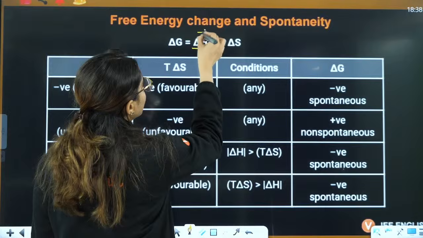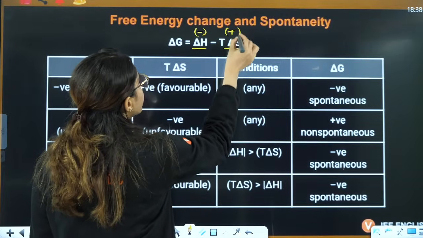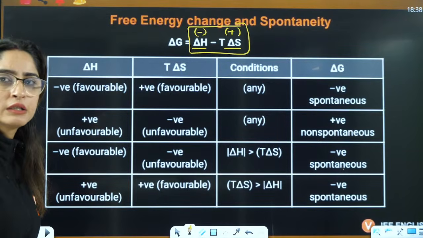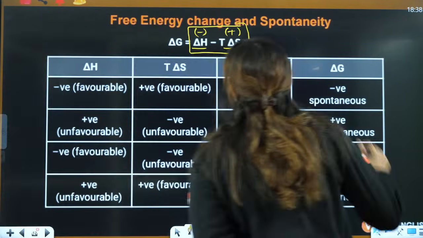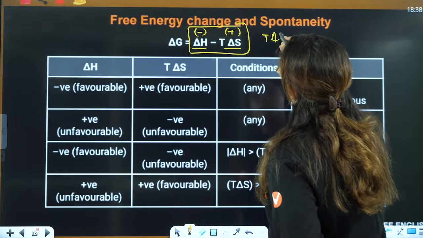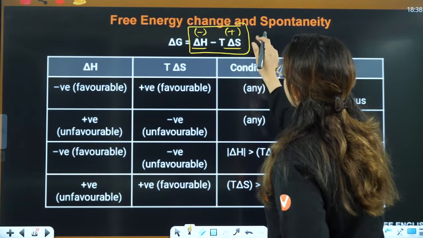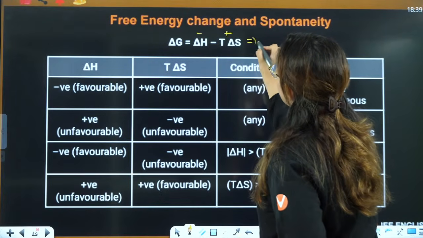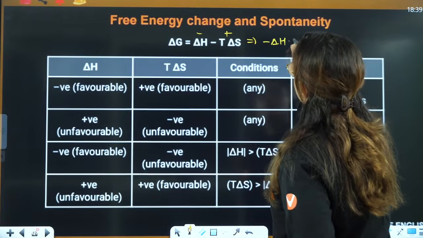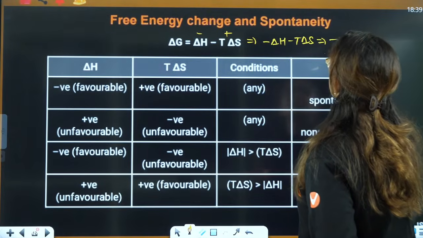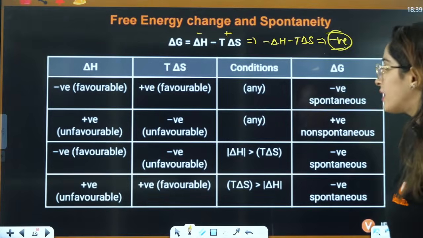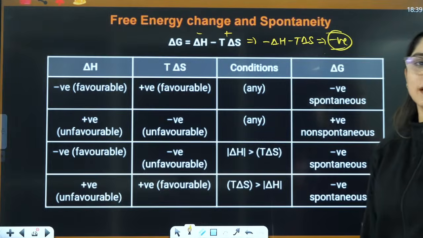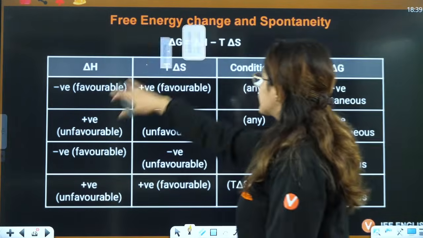For the overall equation to be negative, what should you have? T delta S becomes, if this is positive, this is negative. This will become minus of delta H minus of T delta S. So always it is going to be negative no matter what. Whether this is greater or this is greater, it is always going to be a spontaneous process.